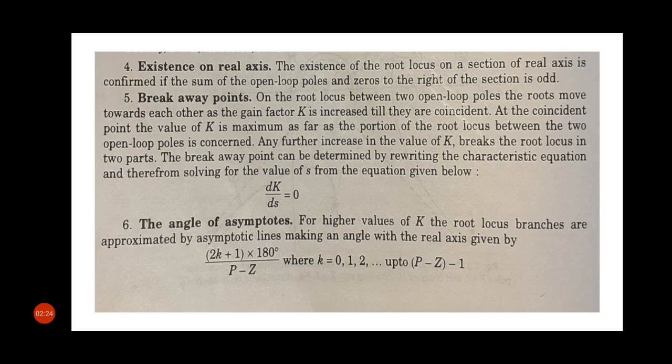At the coincident point, the value of k is maximum as far as the portion of the root locus between the two open loop poles is concerned. Any further increase in the value of k breaks the root locus in two parts.